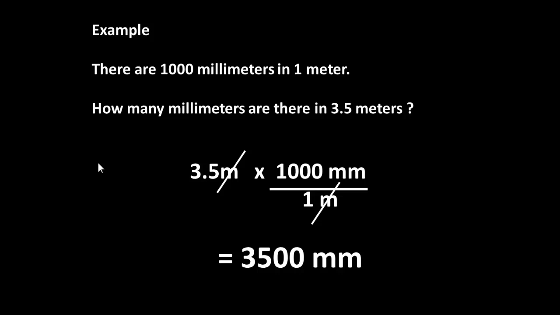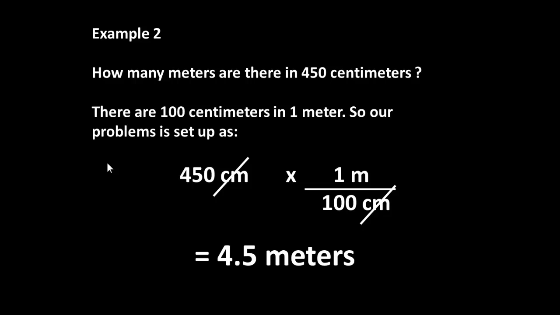There are 1,000 millimeters in a meter, so how many millimeters in 3.5 meters? So we put the unit in: 3.5 meters times 1,000 millimeters divided by 1 meter. We cross out the meters, which means that the units we're left with are obviously going to be millimeters, and 3.5 times 1,000 is 3,500 millimeters.